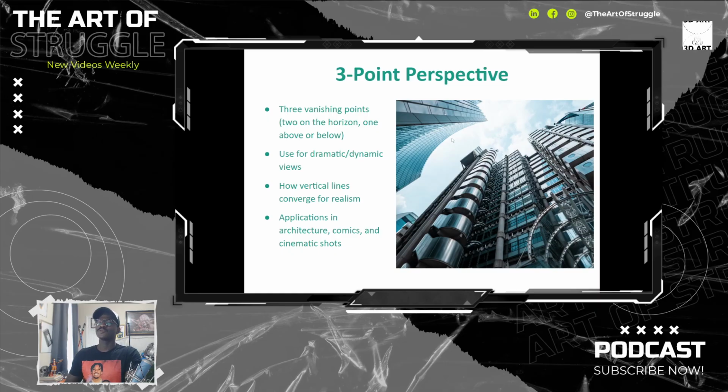All right. So 3-point perspective is three vanishing points, two on the horizon, one either above or below, which usually gives you, like I said, that bird's eye view or worm's eye view. It's used for dramatic and dynamic views, showing how vertical lines converge for realism, and its application is in architecture, comics, and cinematic shots.